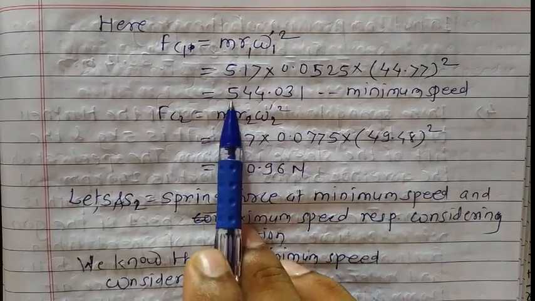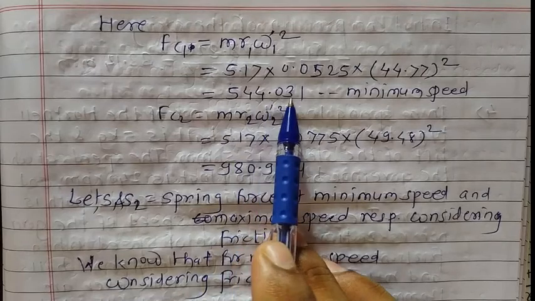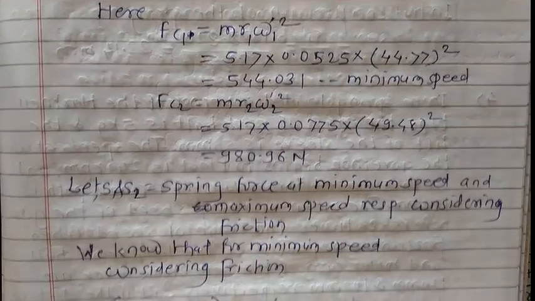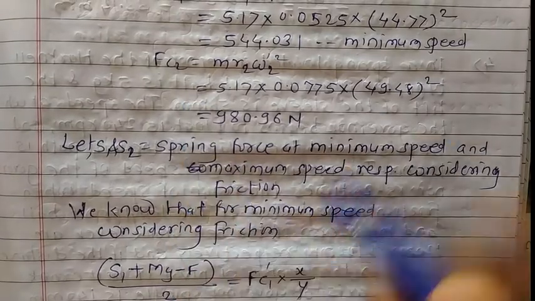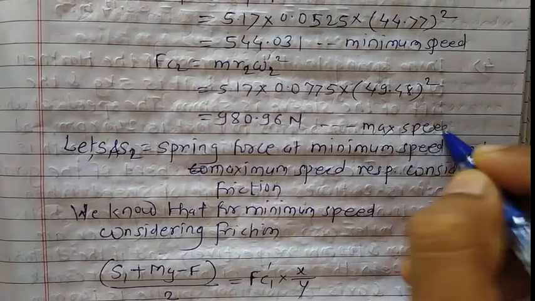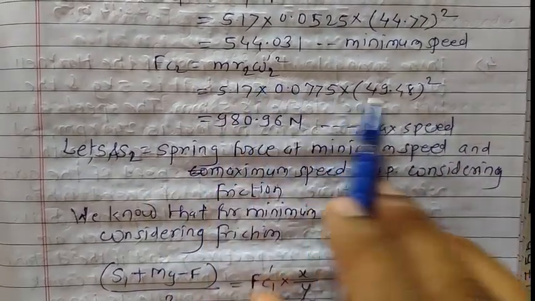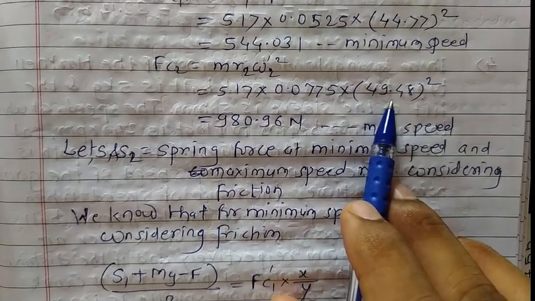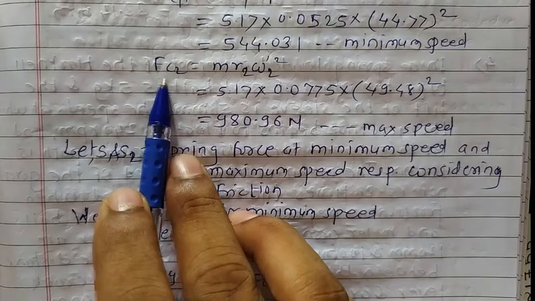The value is 544.031. Similarly, get the centrifugal force corresponding to the maximum speed: omega 2 dash is already calculated, substitute r2 and the mass. So you get Fc2 equals 980.96 Newton.